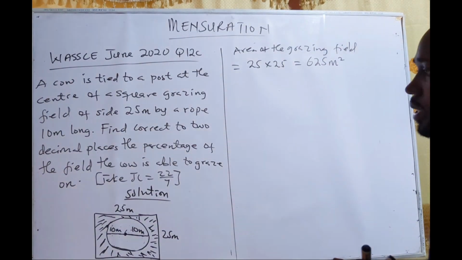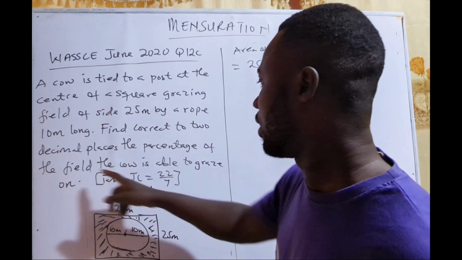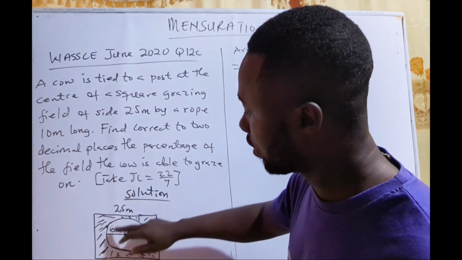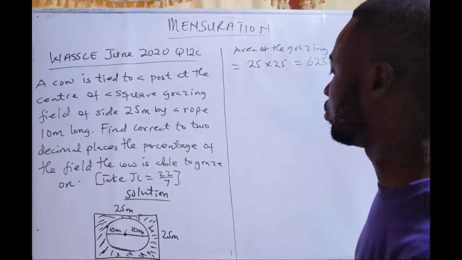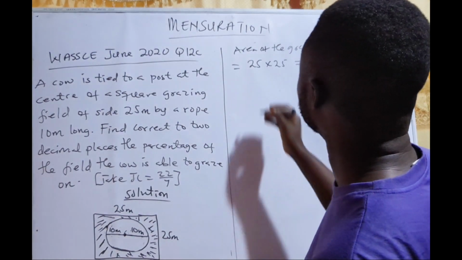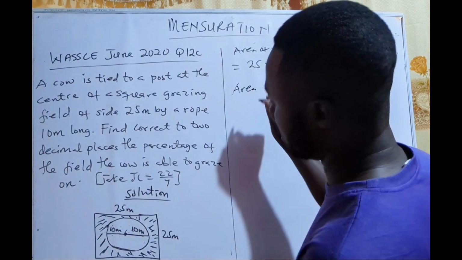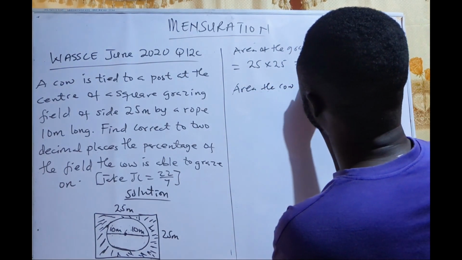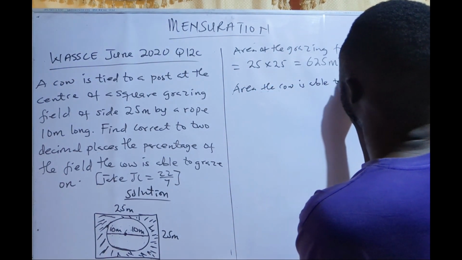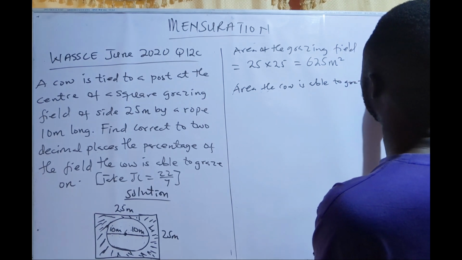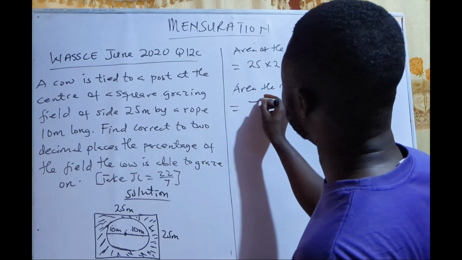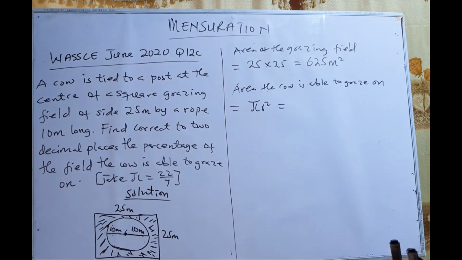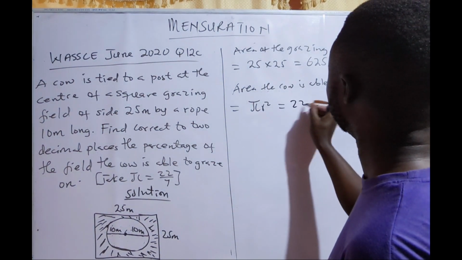We are finding the percentage of the field the cow is able to graze on, so we have to find the area the cow is able to graze on. That is the circle, so pi r squared. What is our pi? 22 over 7.